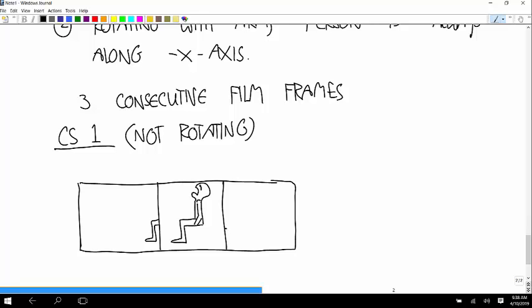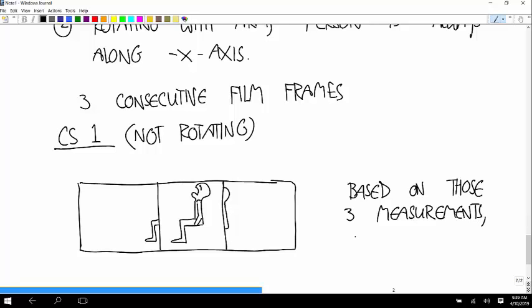And then in the third frame, the person's just leaving the frame, right? Based on those three measurements, you can calculate a non-zero acceleration. Okay, you can see that the person's moving.